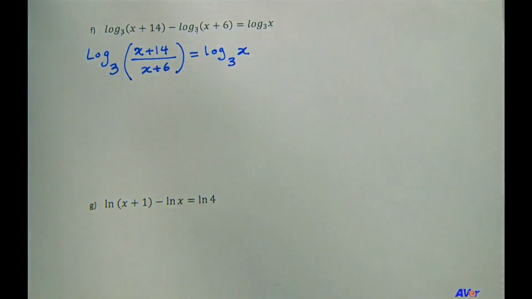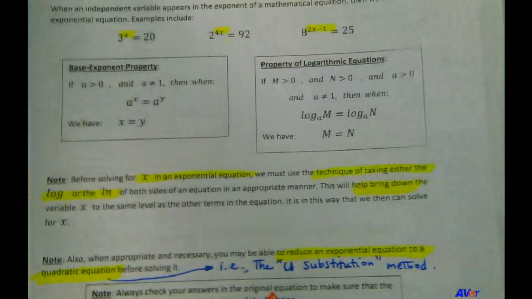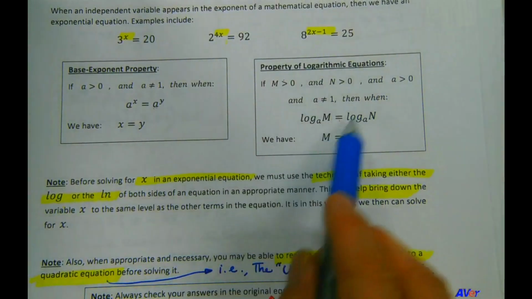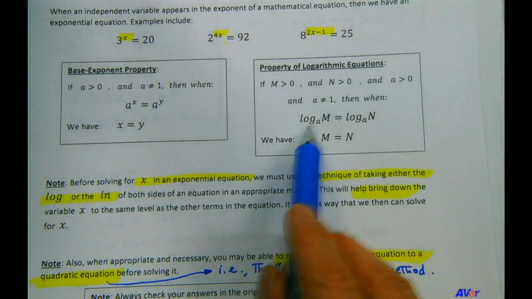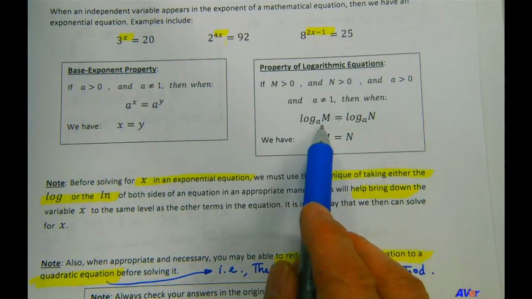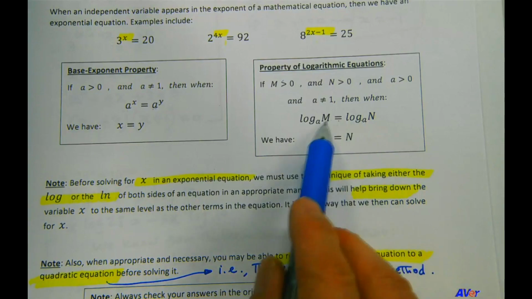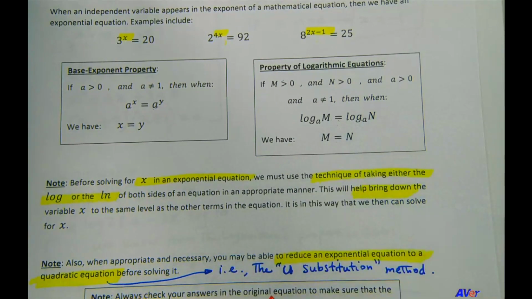Now what do we do? Well, let me bring back the first page of this worksheet. Do you remember this box? Property of logarithmic equations. We said that if we have log of m to some base and log of n to some base, then m and n must be equal to each other.